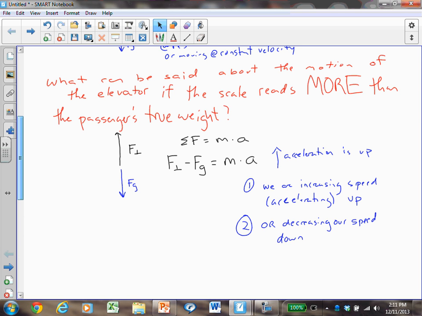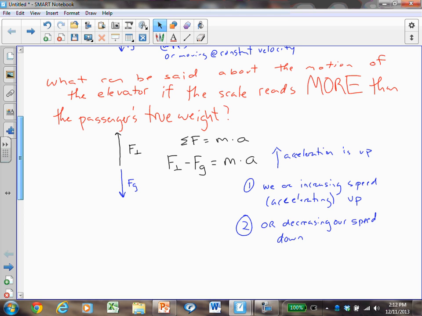So it could be that you're on the bottom floor and you press floor number 8 and the car starts to pick up, accelerating upward, and because of that the perpendicular force of the scale would be higher, so the scale would read higher during that acceleration.